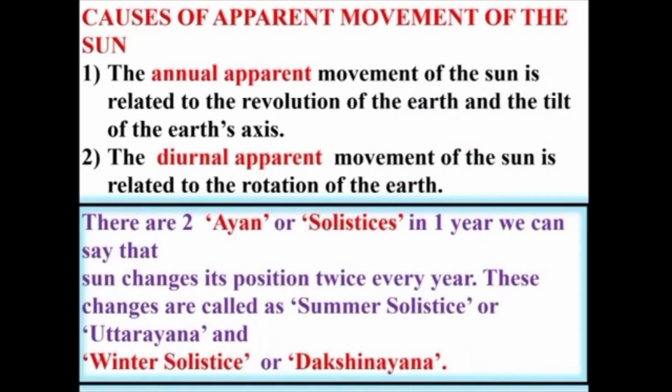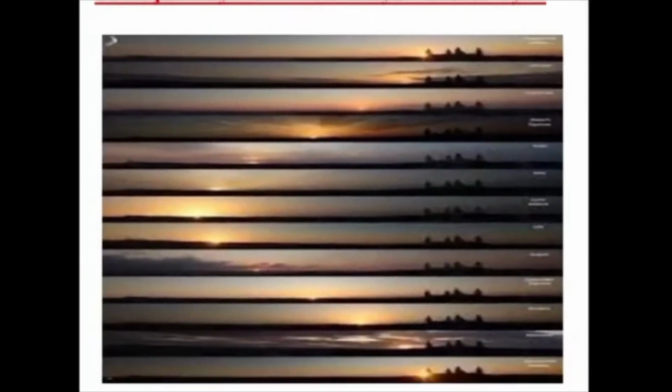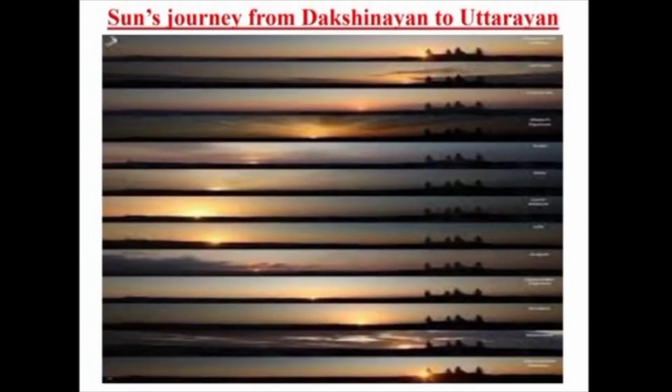There are 2 ayans or solstices in 1 year. We can say that sun changes its position twice every year. These changes are called as summer solstice or Uttarayan and winter solstice or Dakshinayan. Then we have also seen the sun's journey from Dakshinayan to Uttarayan.